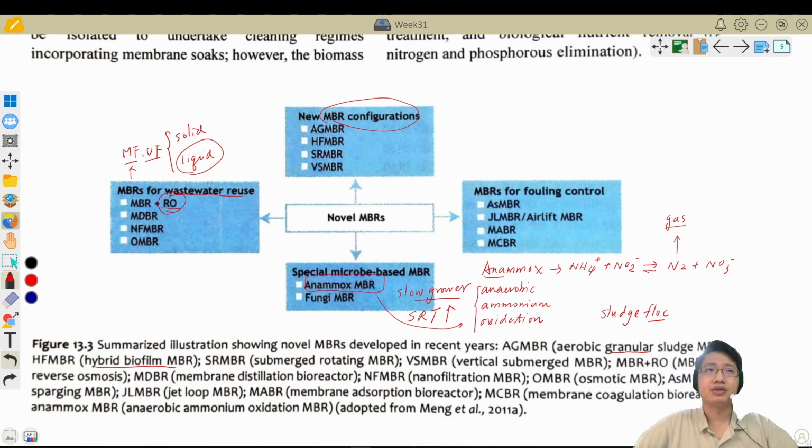So it is a novel shortcut to your nitrogen treatment.